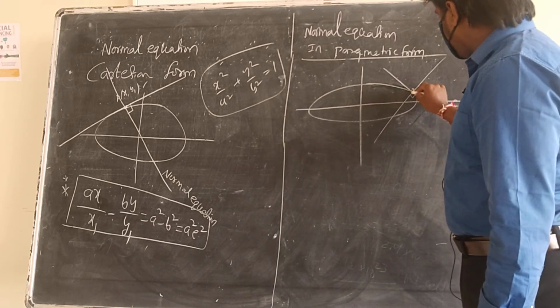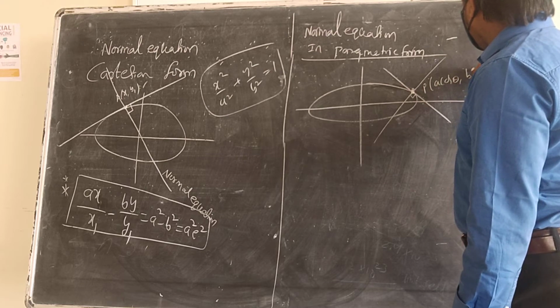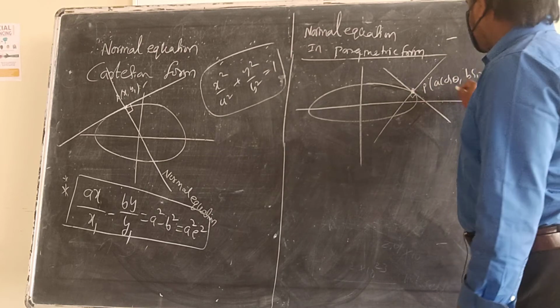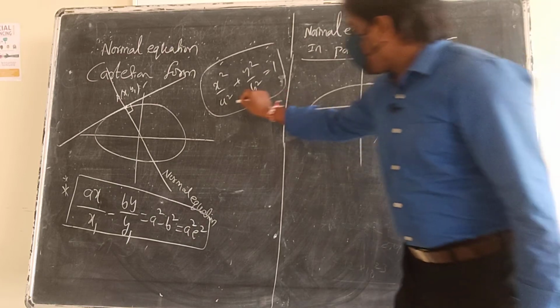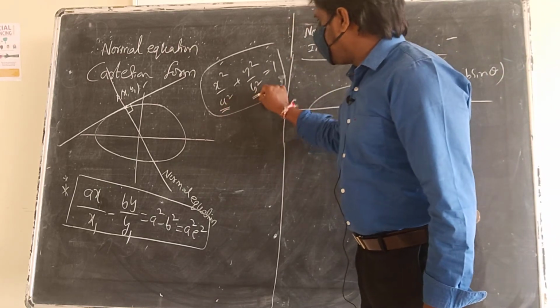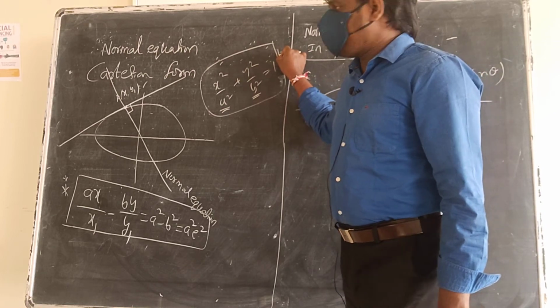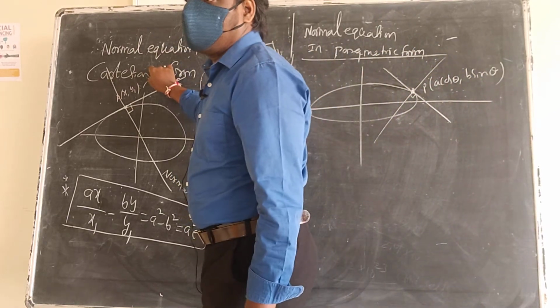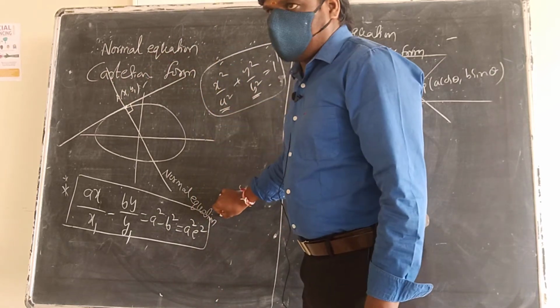Say this particular point is a cos theta comma b sin theta. For a parametric point we always take a cos theta comma b sin theta. a decides this, b decides this, meaning they will give the equation of the ellipse and they will give the point. You know the point, you know the ellipse, then the equation of the normal is this.